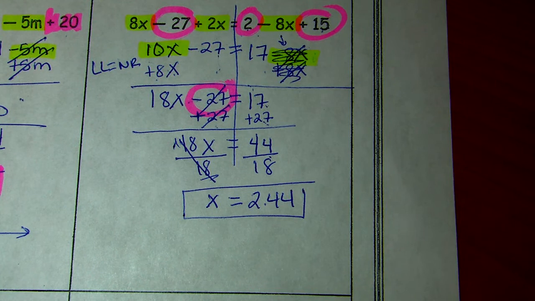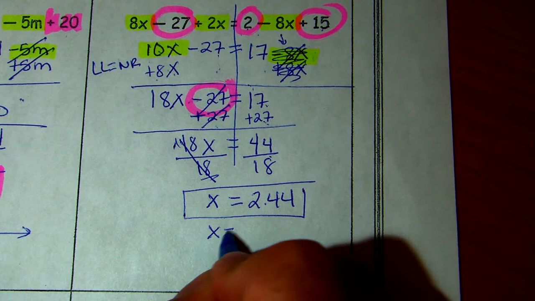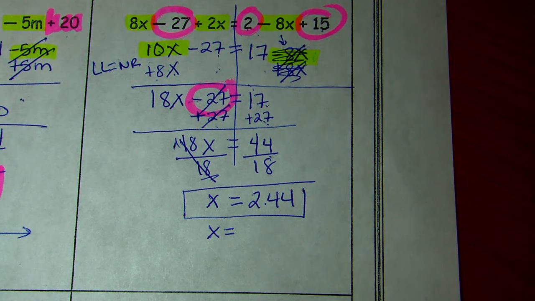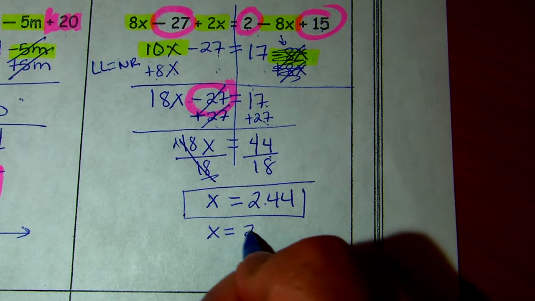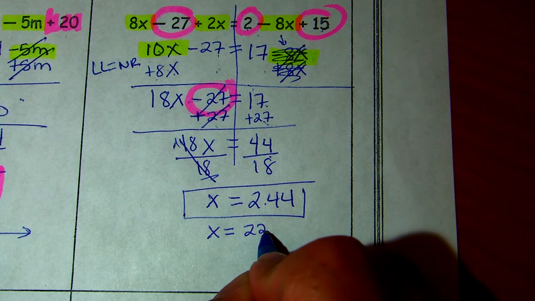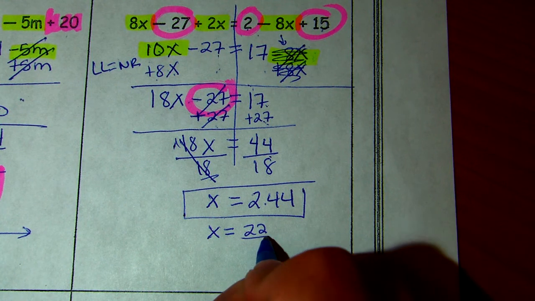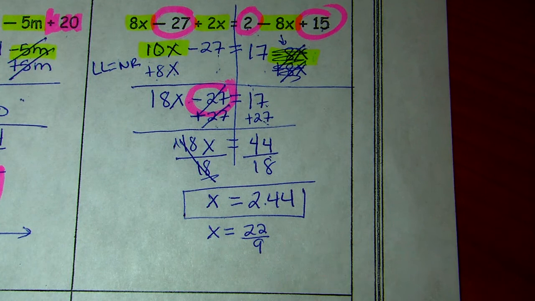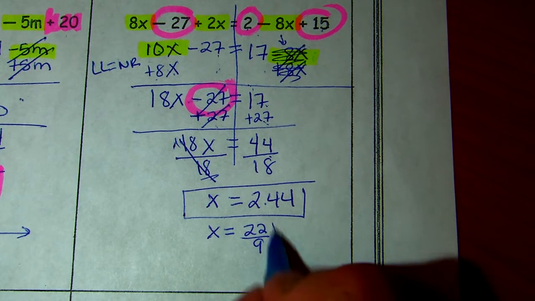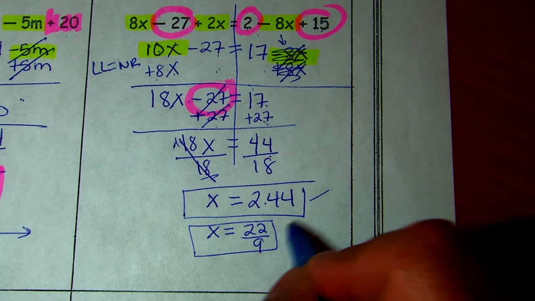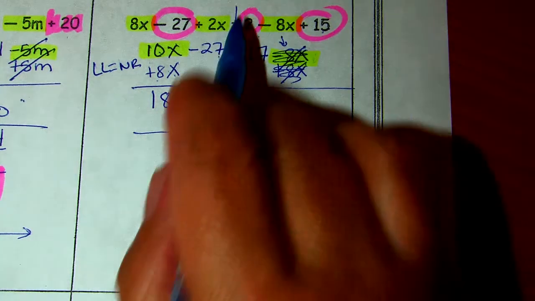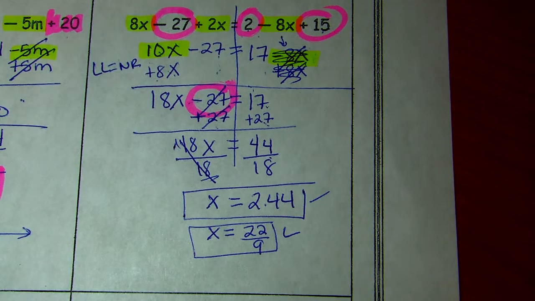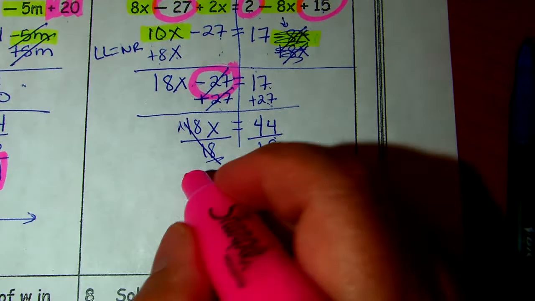If you get a fraction, I believe you're going to have 22 over 9. Both of these answers are correct. On this one, they're not asking us to graph, so these are our answers.